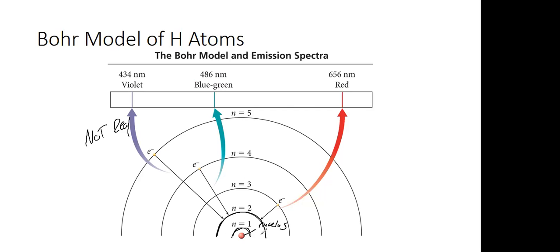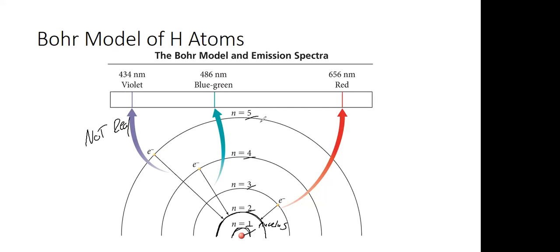Now in the Bohr model, electrons are in these rings. And the closer you are to the nucleus, the lower your energy is. So that's why we have energy level 1 being the closest, energy level 2, energy level 3, 4, and 5, so on and so forth.